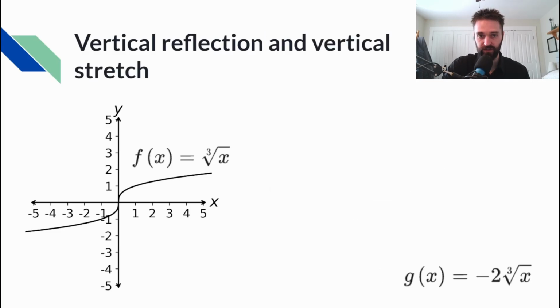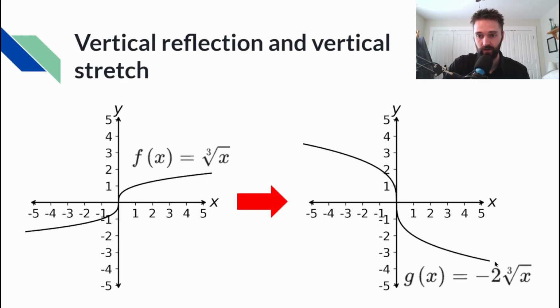And here, let's look at an example where this number a is negative. We have -2 being multiplied by the cube root of x. Because -2 is a negative number, what's going to happen first is that this is going to be reflected vertically across the x-axis, and then stretched up and down, to give us something that looks like this.